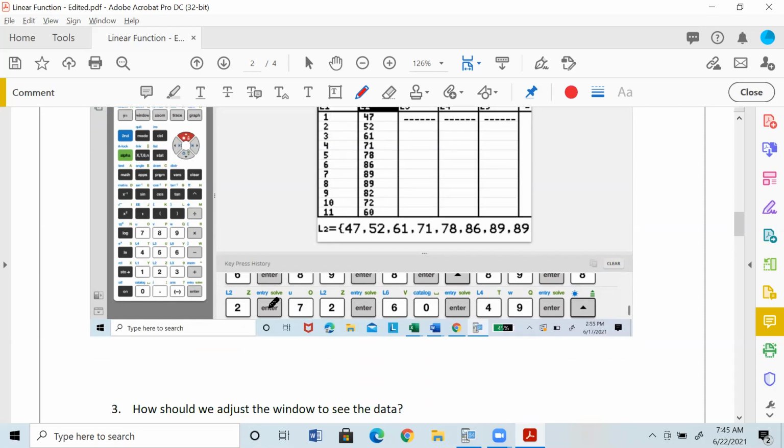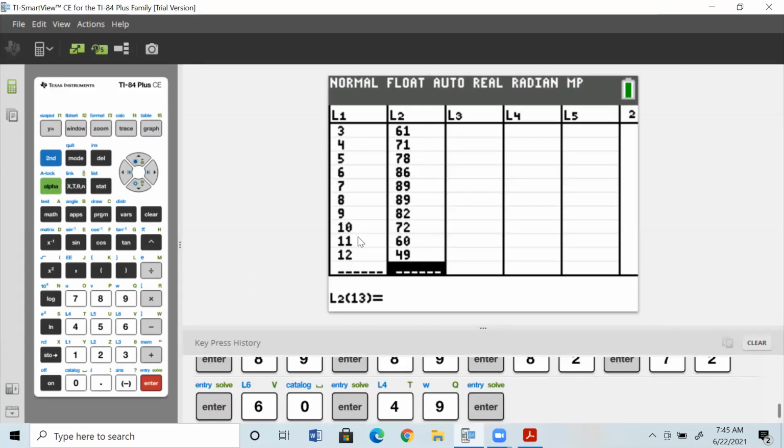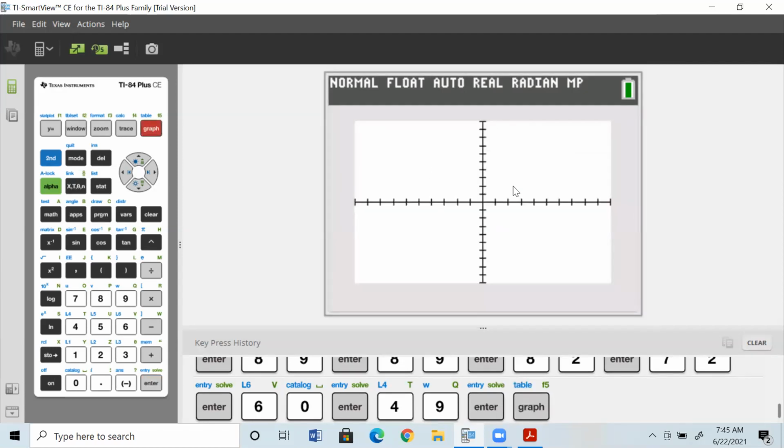Now, in order to look at these points being plotted, if we take a look at our calculator and press graph, we'll notice that we don't see anything here. There are a couple of additional steps that we have to take. First, we have to turn on our scatter plot.